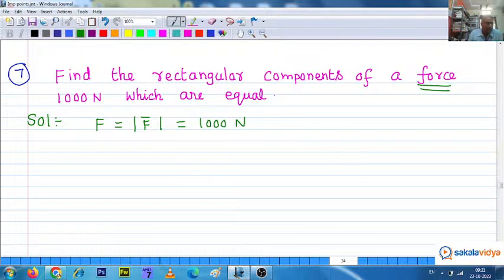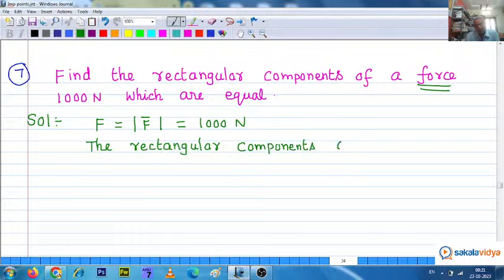So for example, now write down the rectangular components of F bar are F cos theta along x axis or horizontal component and F sin theta.